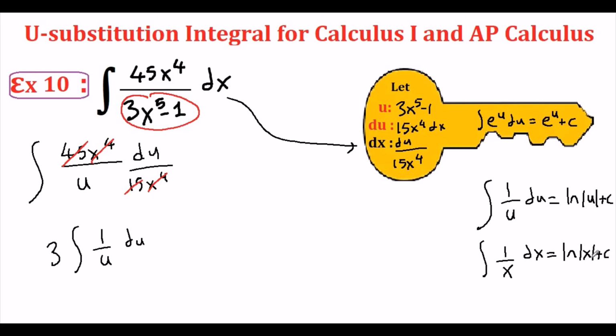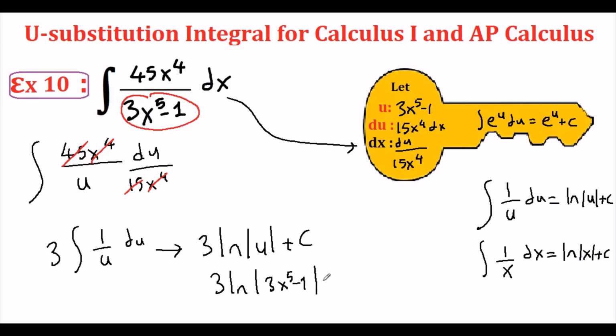Don't forget to use the absolute value, because the ln function cannot take negative numbers in its domain. So here, the antiderivative of 1 over u is ln of the absolute value of u plus c. And if you bring u back, it's going to be 3 ln of the absolute value of 3x to the 5 minus 1, plus c.